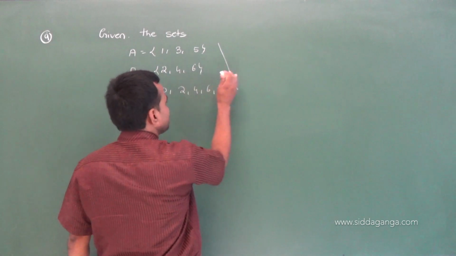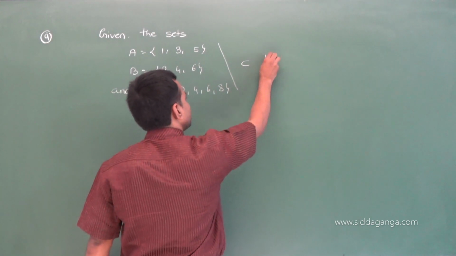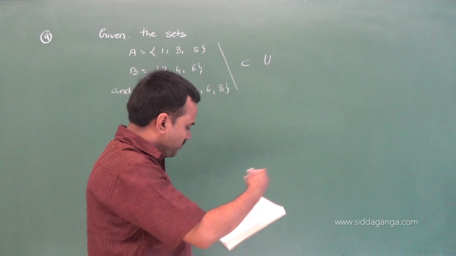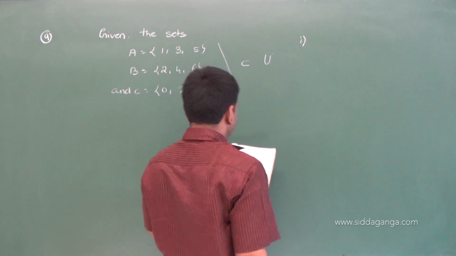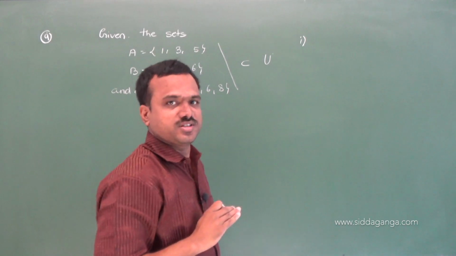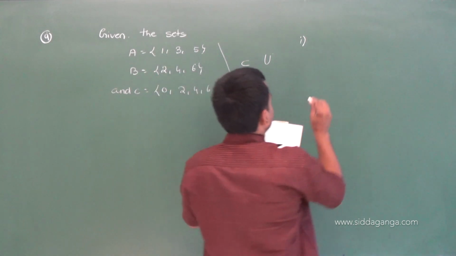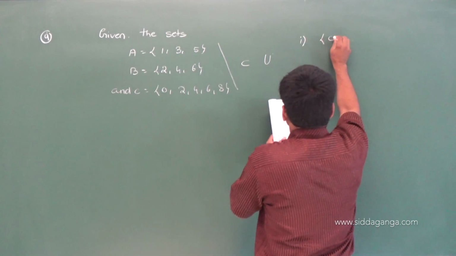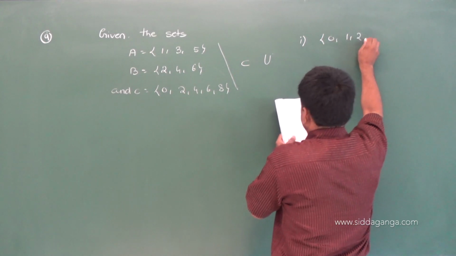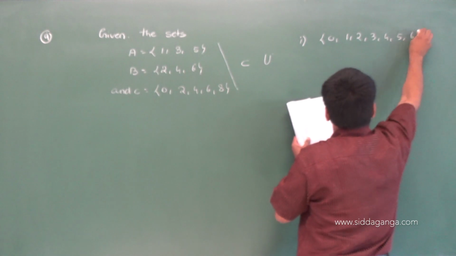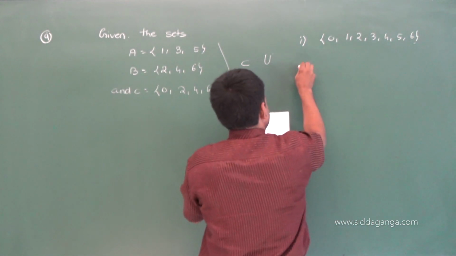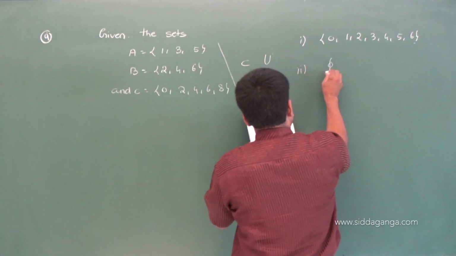It means all these sets are subsets of the universal set. For that he has given 4 options, and we have to choose which one is the universal set. The first option is 0, 1, 2, 3, 4, 5, 6. Second one is the empty set.